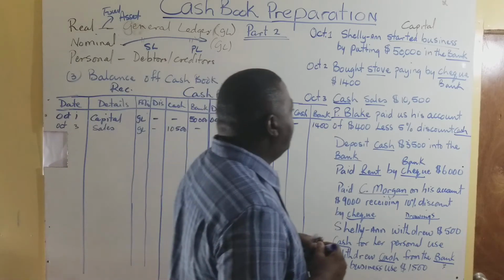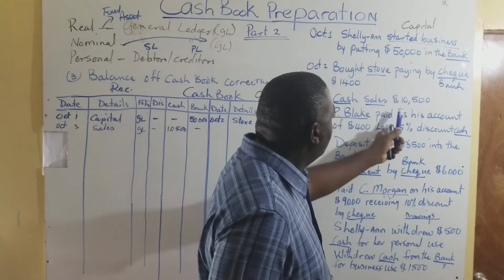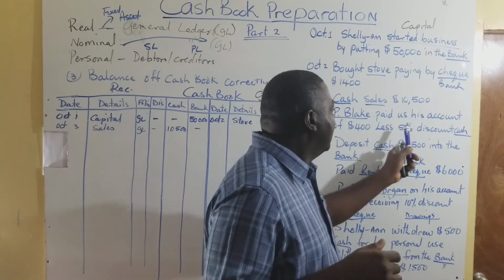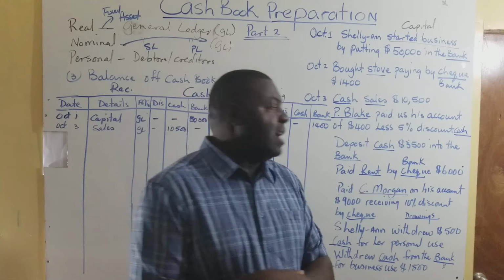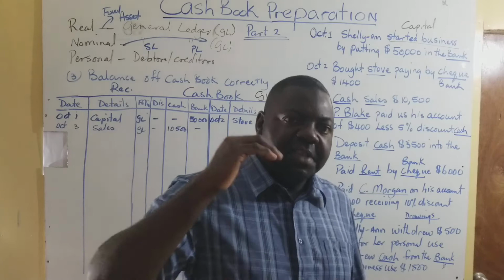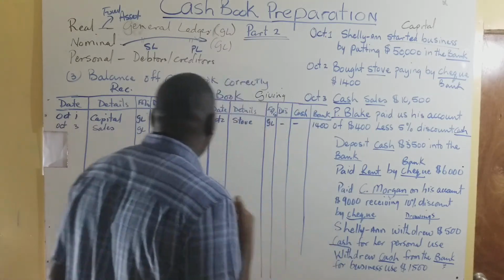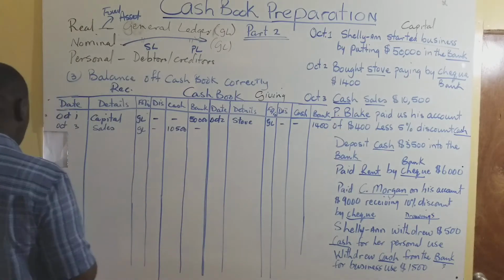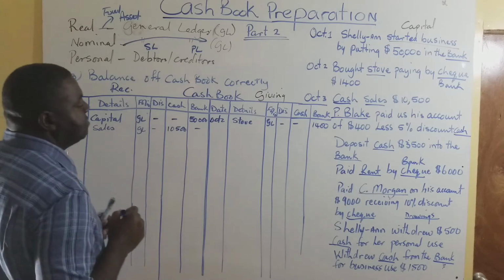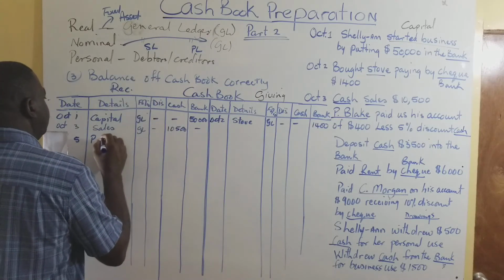So if he's paying us the money, then the money is coming to us. We are receiving it. So we go to the debit side. So it's going to be October 5. And who's the name of the person? P. Blake. So write it here.